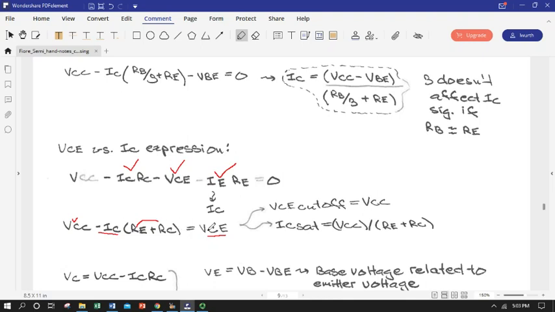So this makes it very easy for us to determine cutoff and saturation. In order for I sub C to be 0, this whole term would end up being 0, so the collector emitter voltage for cutoff is the same as the supply. And likewise, if this is 0, then I just solve for IC sat by solving the equation, pulling VCC to the other side.